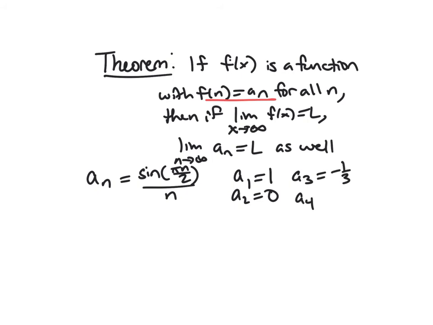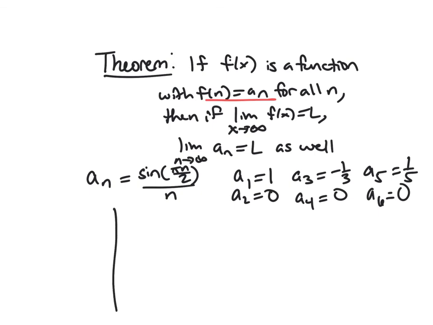For a4, we're back to 2 pi, so again sine is 0. For a5, we're back to pi over 2, so we get 1, but our denominator is different, so it's 1/5. a6 is 0, and you can see what's going on: all of our even terms are 0, and all of our odd terms are bouncing back and forth.